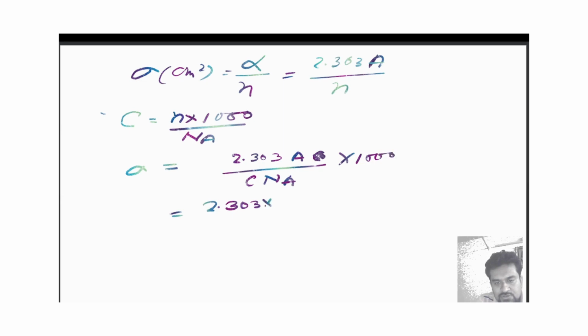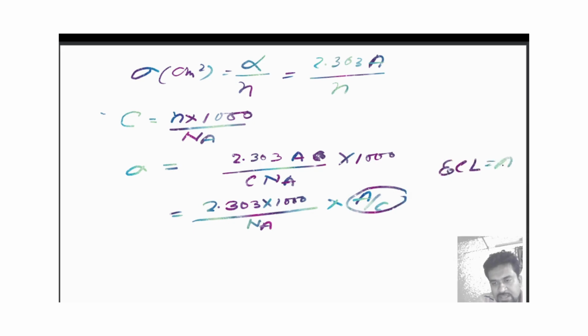So 2.303 into 1000 divided by Na, and this is equal to A by C. And what is A by C? We know from the Beer-Lambert law, epsilon C L is A. So epsilon L is equal to A by C. So you replace A by C with epsilon L, and in most cases L is 1 centimeter. So this becomes 2303 by Na, and this is simply epsilon.